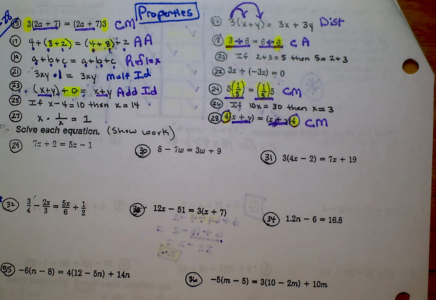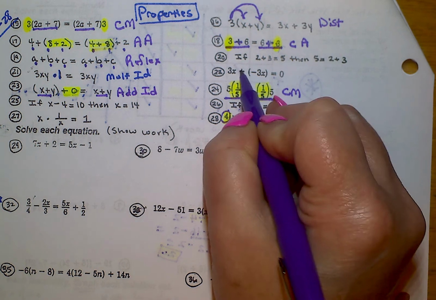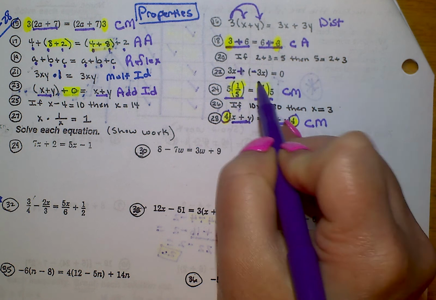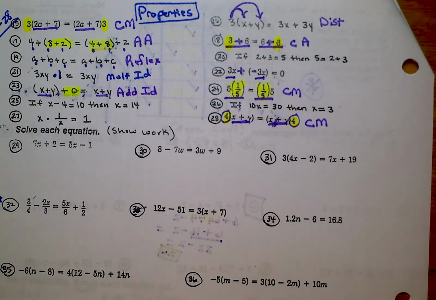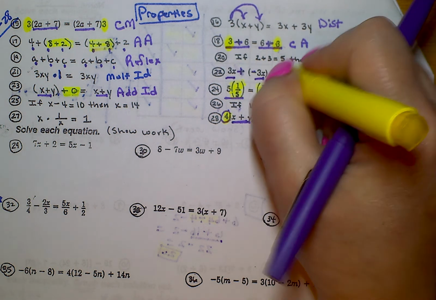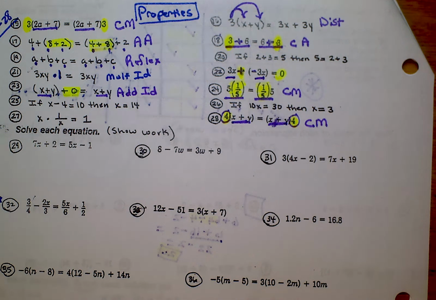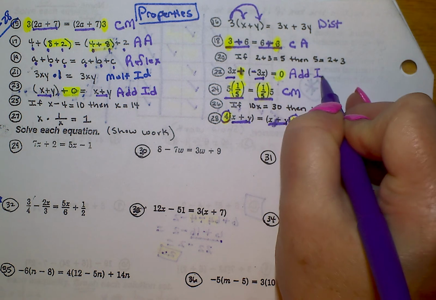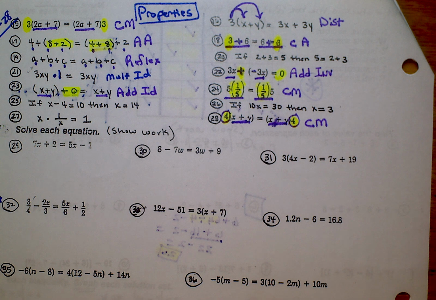Anytime you add a number and get 0 out, you would add the opposite of that number. So notice you take anything and you add the opposite and you get that to equal 0. That is called the additive inverse. That's how you get things to cancel out in an equation. You add the opposite or you do inverse operations.